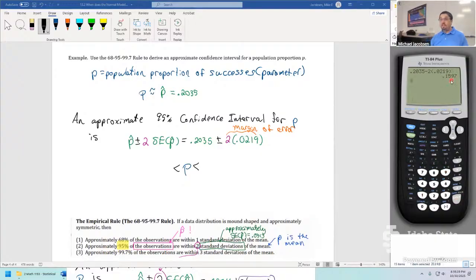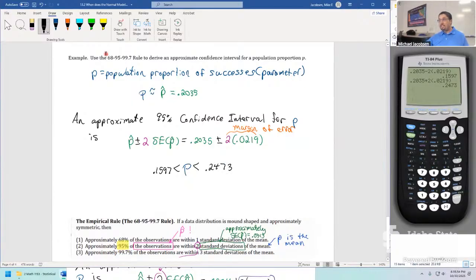This is the low end of adverse reactions, about 16%. We got 0.1597. And then the standard trick in the calculator is to up arrow, hit enter to copy that down, and change this to a plus. On the bad end, we're close to 25% of infants having an adverse reaction. So 0.2473.